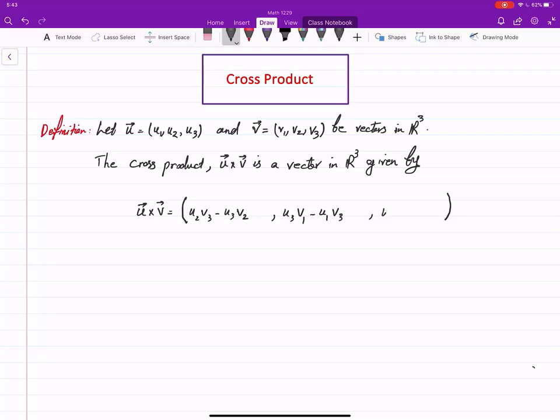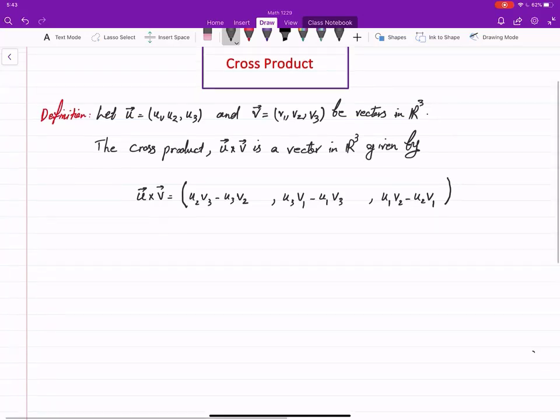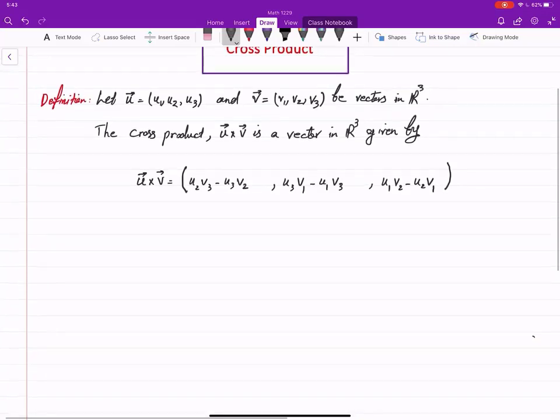And the third one is U1 V2 minus U2 V1. Well, I know the formula is strange and it's not easy at first look to keep in mind. That's why we will have a pattern for that that will help us to learn and keep this in mind.